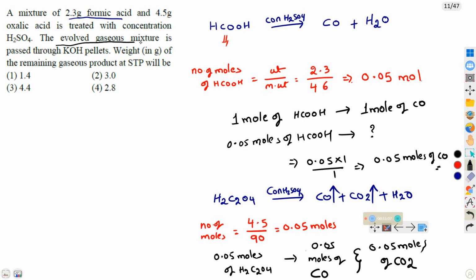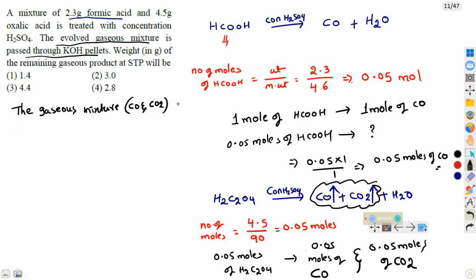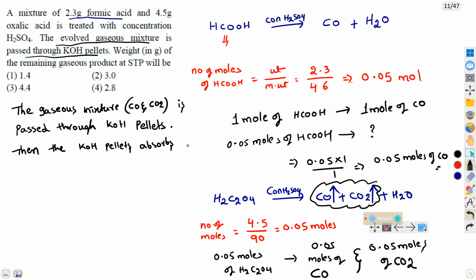Now read the question. The evolved gas mixture is passed through KOH pellets. The evolved gas mixture is CO and CO2. When the mixture of CO and CO2 is passed through KOH pellets, the KOH pellets absorb CO2 gas.